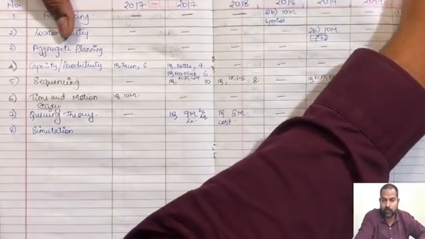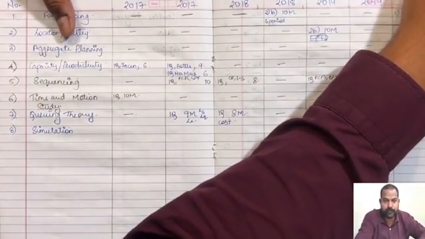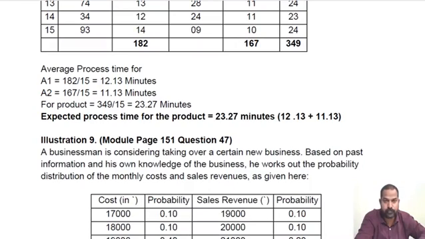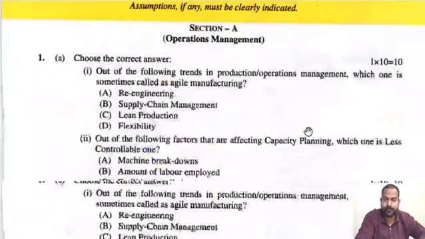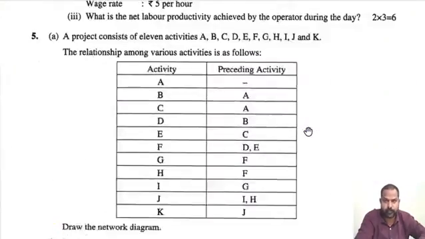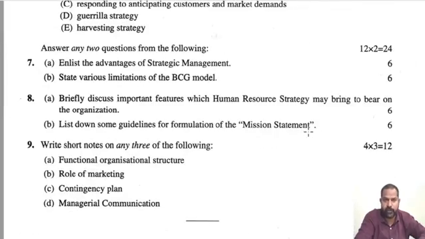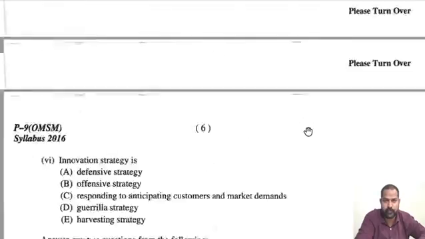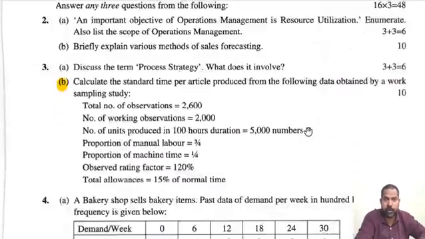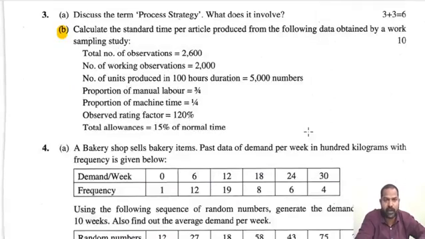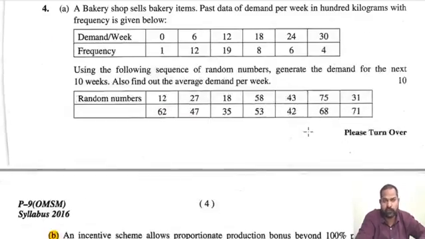Let me pull out the question paper. Perfect. Let's start. The June 17 question paper is the first question paper. Yes, 2AB, 3AB, 4A.